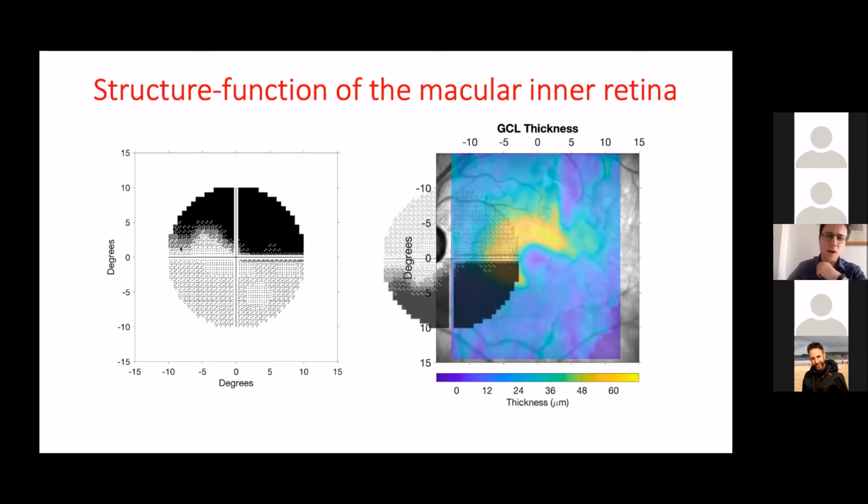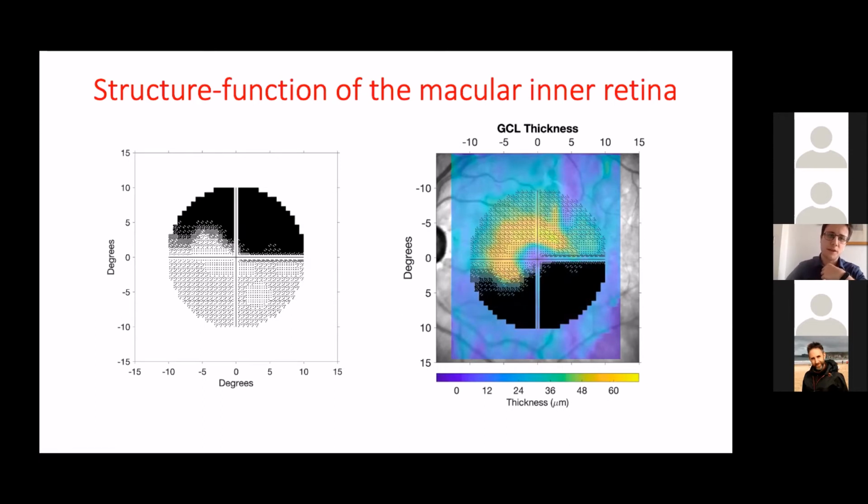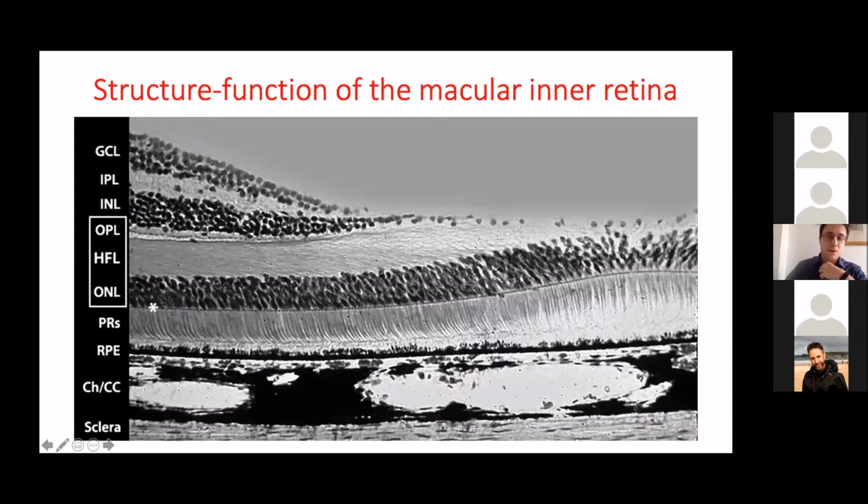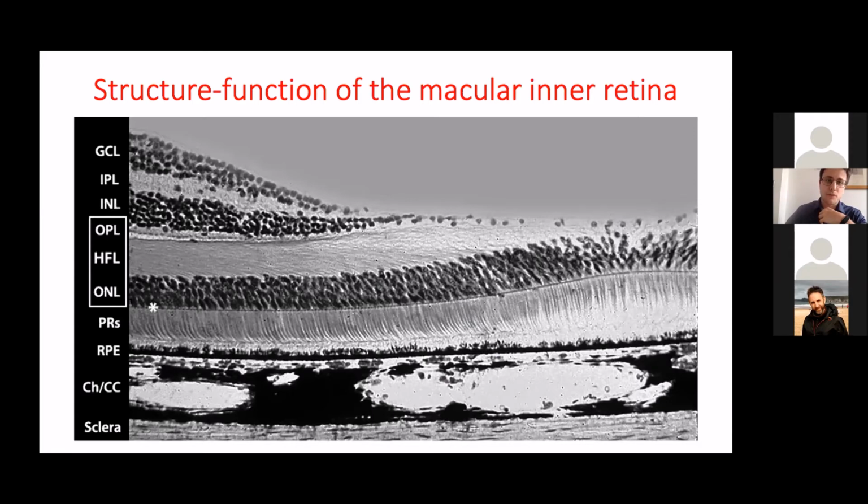So one might be tempted to simply invert the visual field and overlay that on top of the structural maps. But you might also know that this is quite inaccurate, especially in the parafoveal region. The reason is that the ganglion cells that receive the stimuli are always displaced radially away from the fovea.